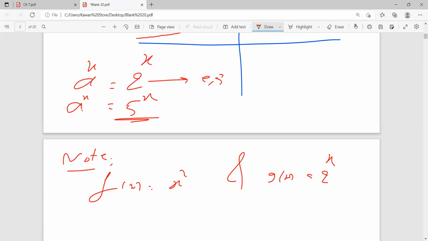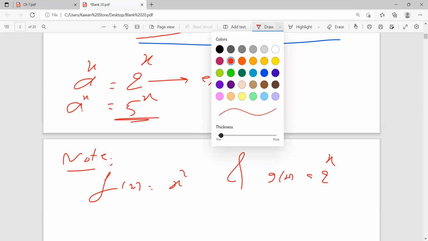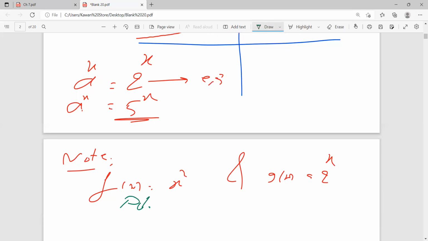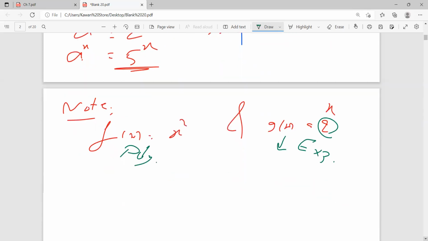The first one, x to power 2, is a polynomial. We recall that function as a polynomial. Do you remember that? But here today we have 2 to power x. The base is a number. So in that case, we have an exponential function. Understood?